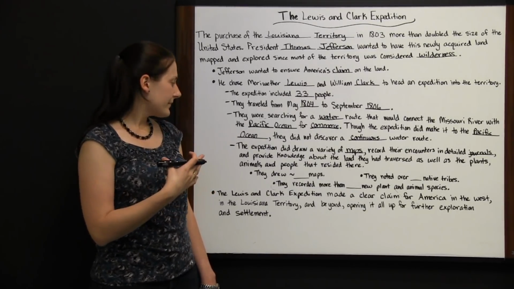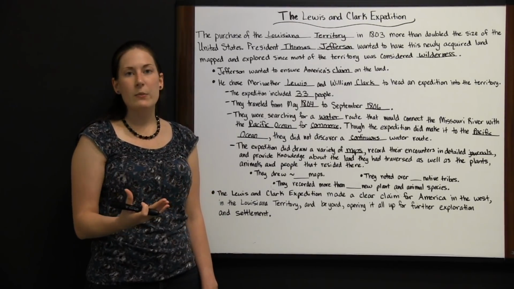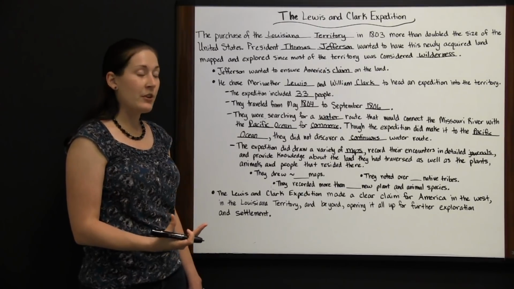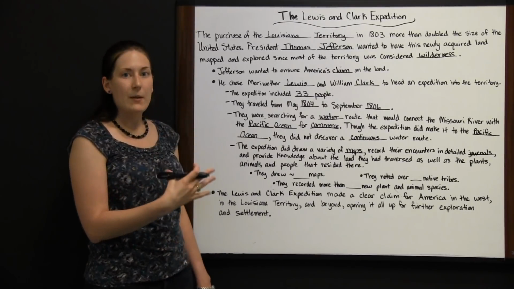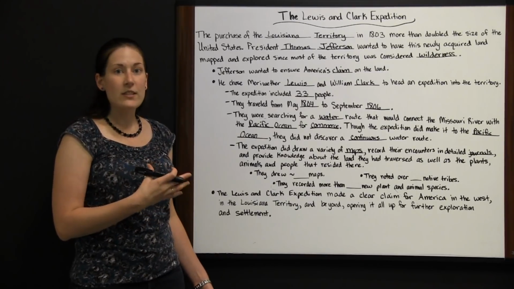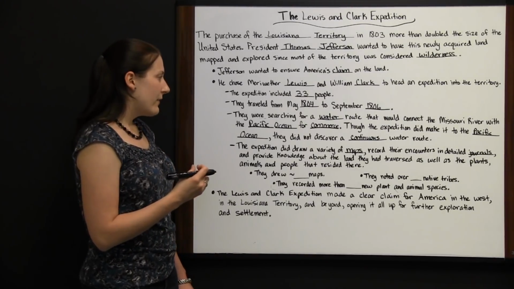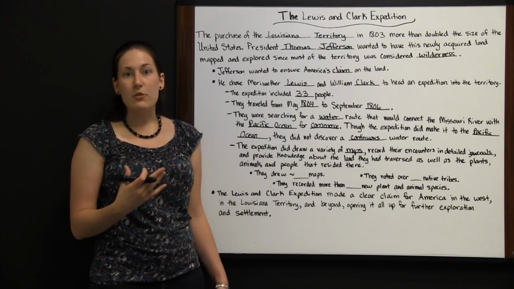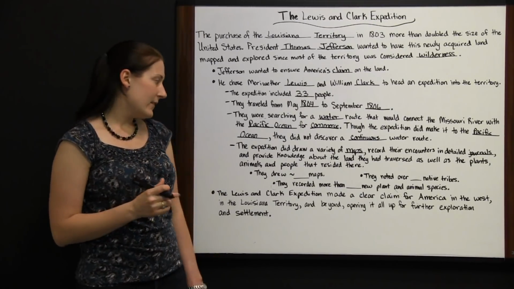So while they didn't discover that continuous water route they were looking for, they were able to bring back a lot from their 2-year expedition. They brought maps, they brought detailed journals that were going to help future expeditions and travelers whenever they started heading out that way, and knowledge about plants, animals, and the people, the Native Americans that lived there.